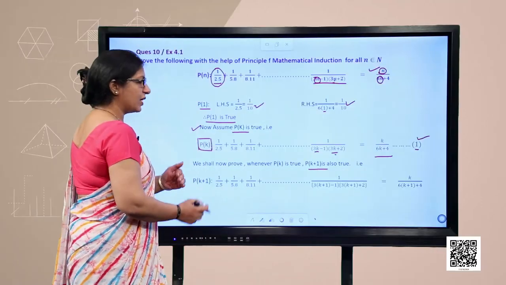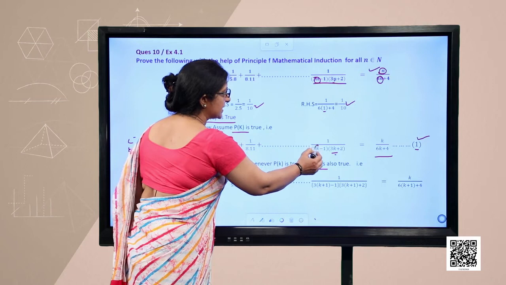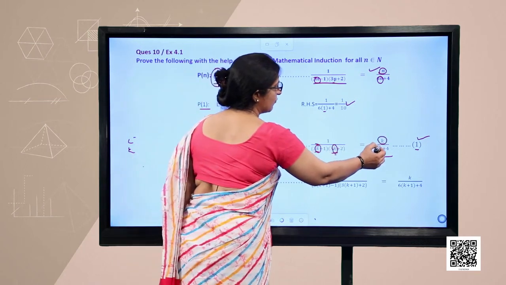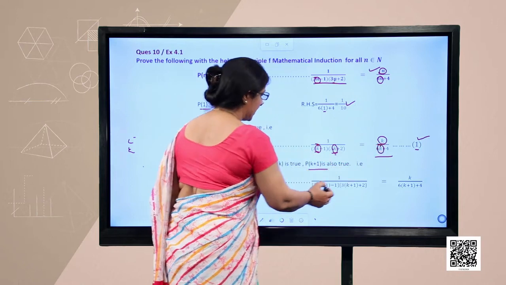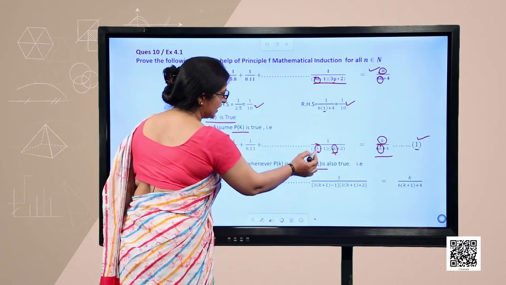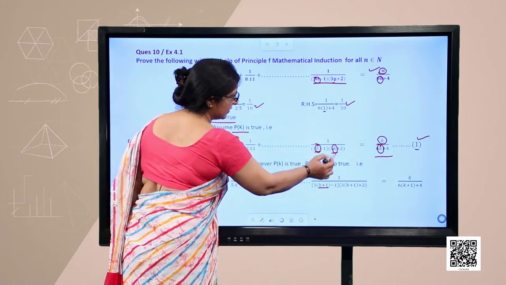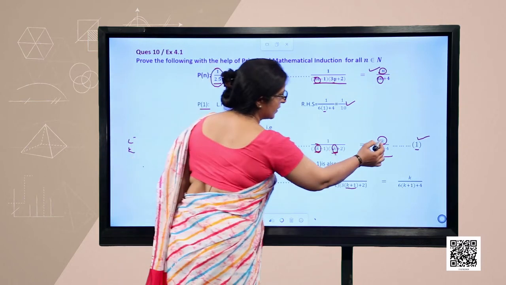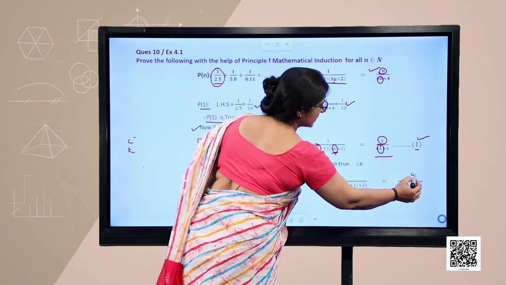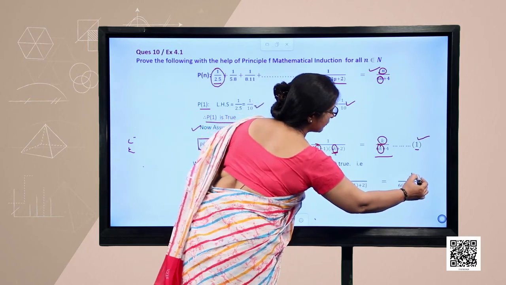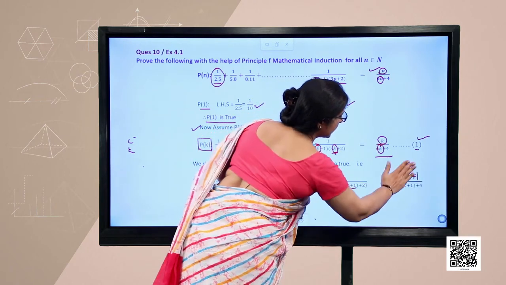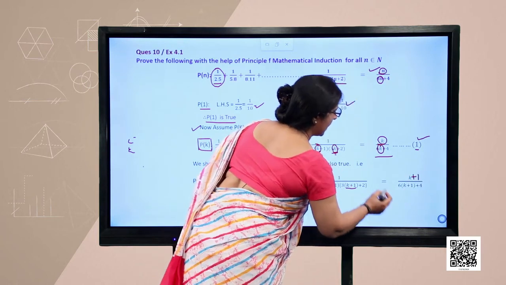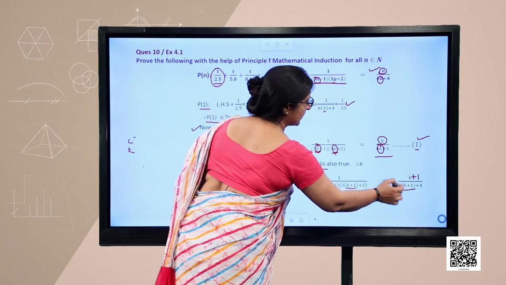For that, we are replacing k by k plus 1. Wherever there is a k, we will replace it by k plus 1. Here k plus 1, in the numerator also k plus 1, and here also k plus 1.